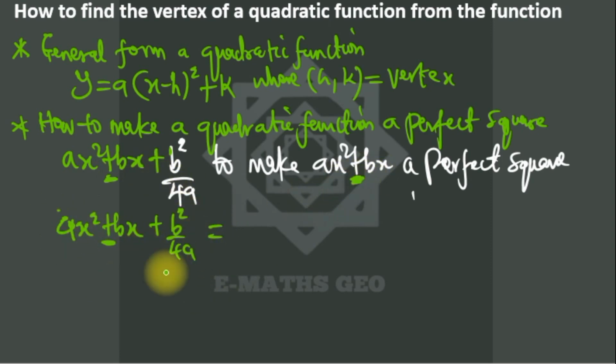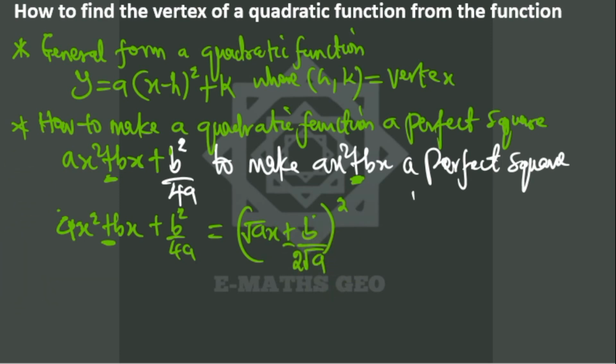The result, once you add it, will turn into a perfect square. And whatever is in the bracket will be the square root of ax squared, which is root a x, plus or minus the square root of b squared over 4a, which is b over 2 root a.